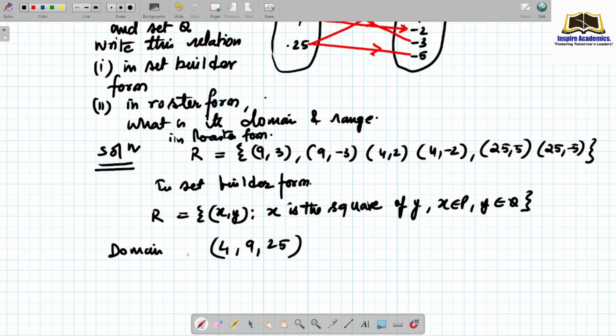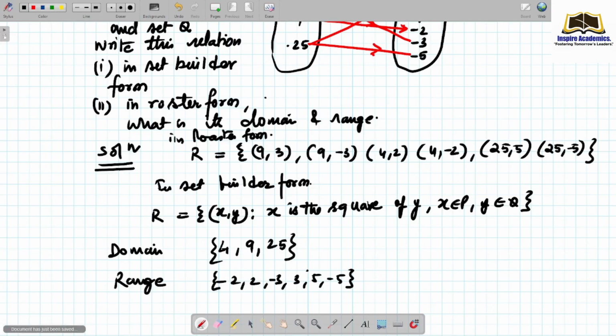So this is the domain. After the domain, let us write the range. So what will we get in the range? 5, 3, 2, minus 2, minus 3, minus 5. So we can write like this: minus 5, minus 3, minus 2, 2, 3, 5. Okay, so this is the range.